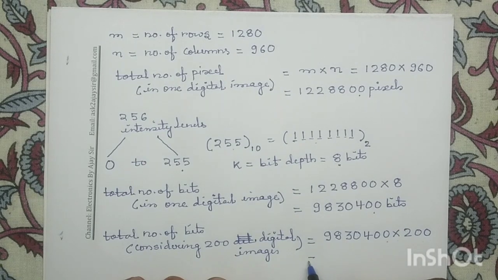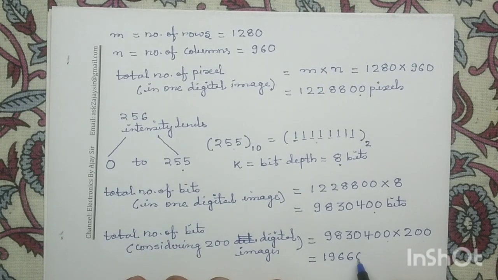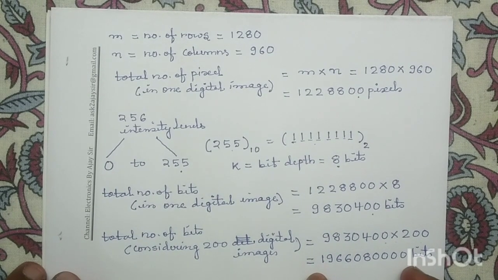If you simplify this, you will get the total number of information bits, and it is equal to 1966080000. So this is the total information bits that we have to transmit in the form of packets.